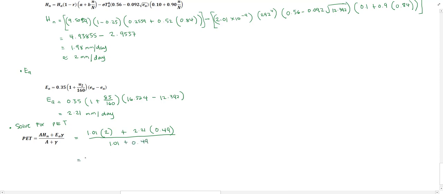So our potential evapotranspiration is equal to 2.0686 mm per day, or that would be 2.07 mm per day of potential evapotranspiration. So this is now our final answer.